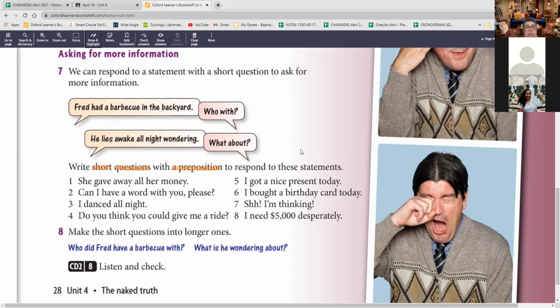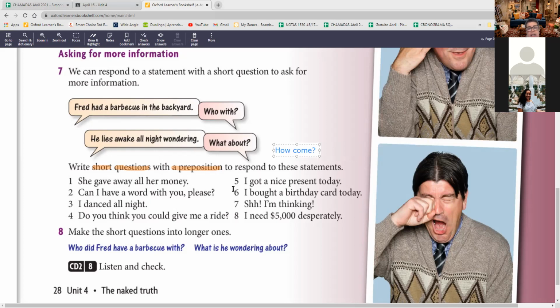So what can you ask? One question you can ask is, how come? Yes, how come? But in the exercise, they want us to ask questions with a preposition.